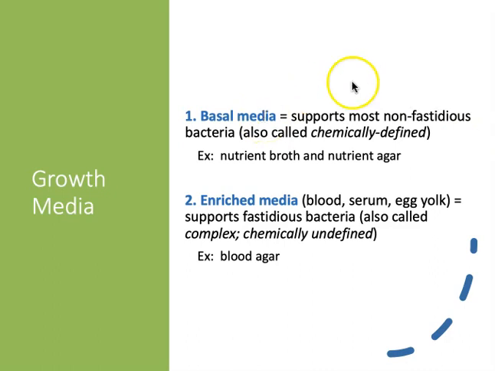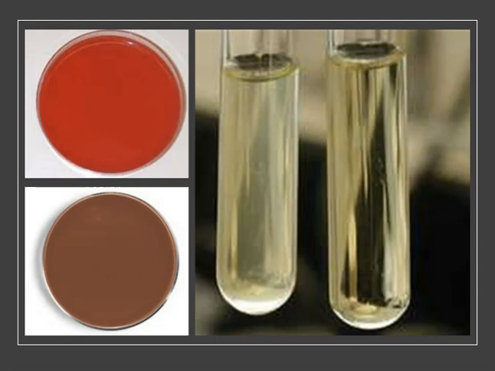A good example of an enriched medium is called blood agar. Blood agar is made by preparing a basal medium and adding some type of animal blood to it. On this slide, on the left-hand side, you can see a blood agar plate up at the top.